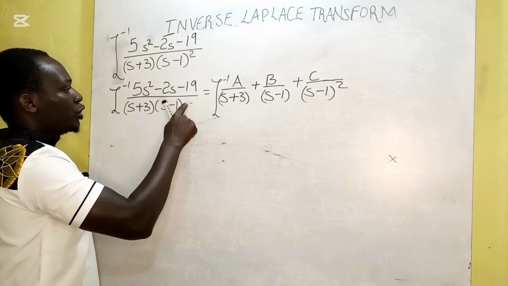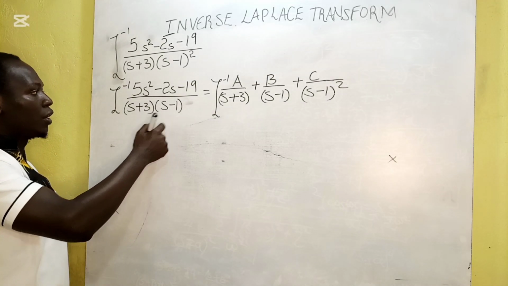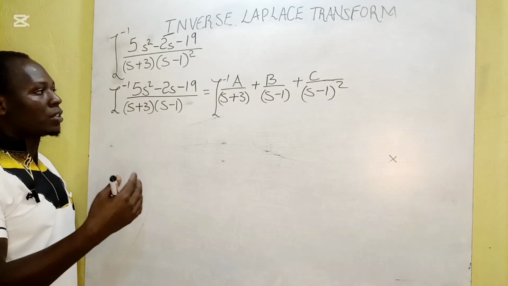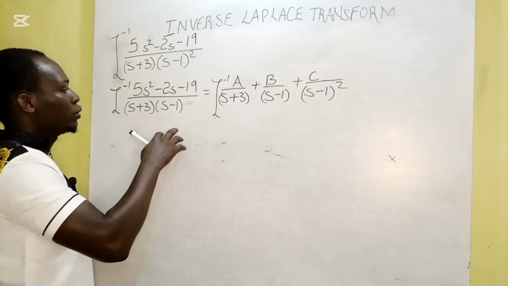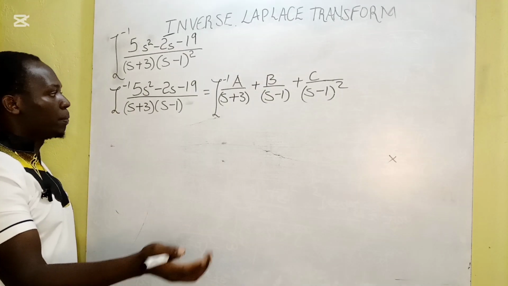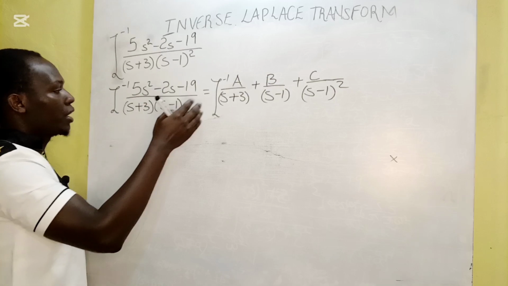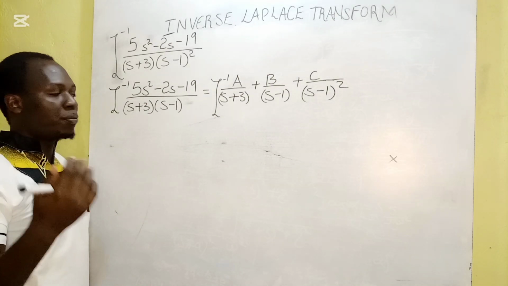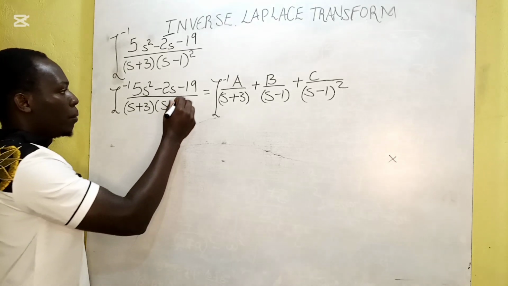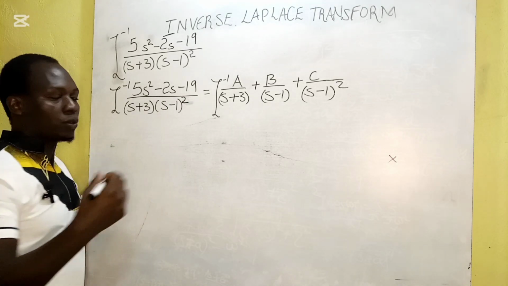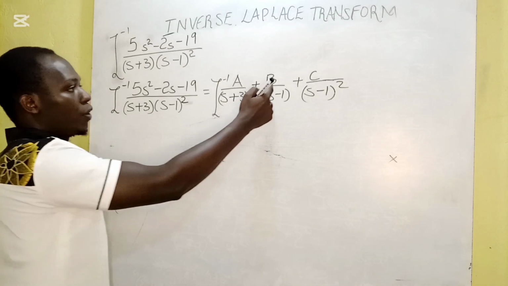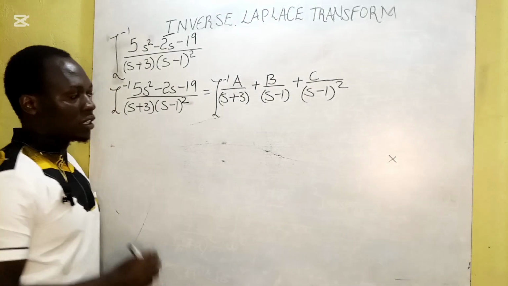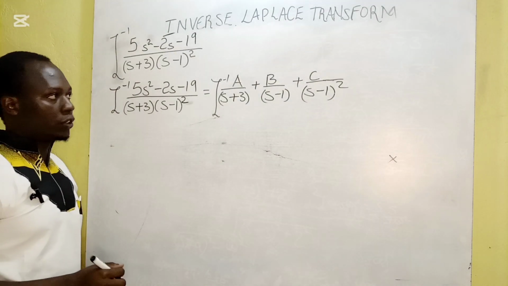What if it was given this way, where we were supposed to find the values of A and B only? Then we would use the cover-up rule for both. But since it has been squared, we cannot use the cover-up rule to find the values of B and C. That cannot happen in partial fractions.